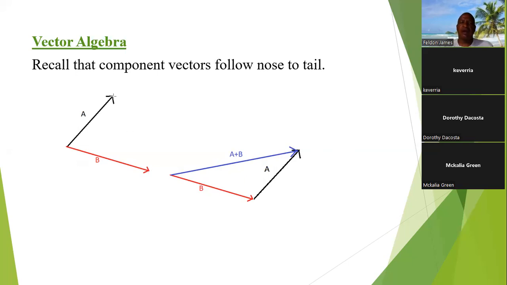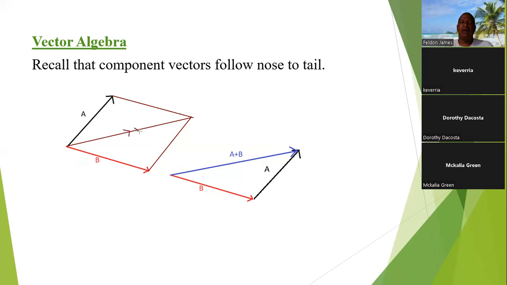We'd have to draw another line parallel to this one here, that's to be parallel to B. And then you draw another line from here, which is parallel to A. And then you would draw the resultant through the middle here. All right?